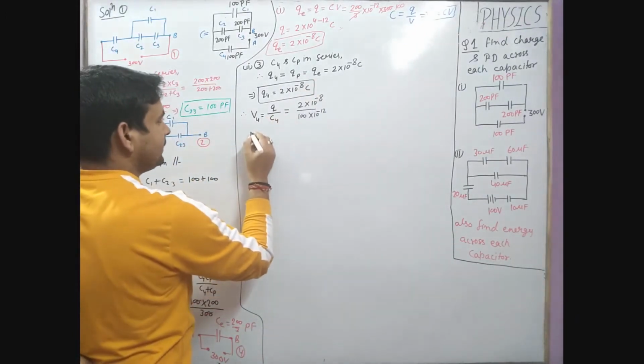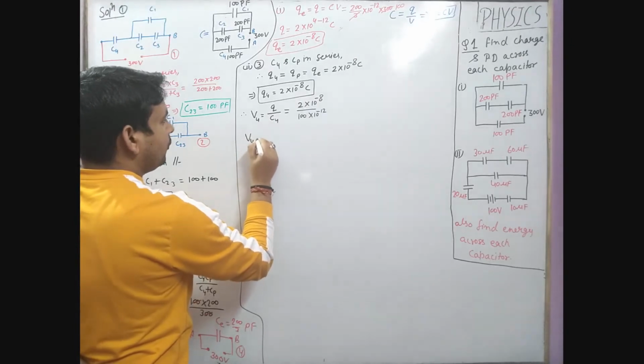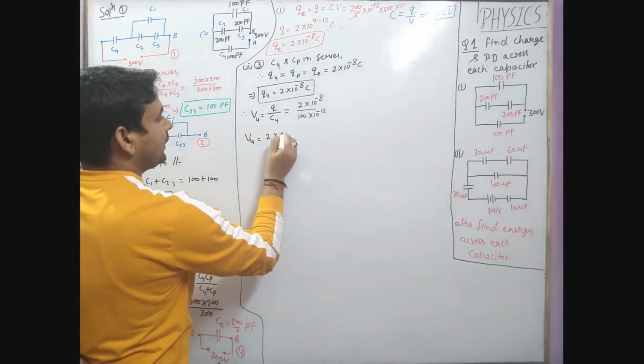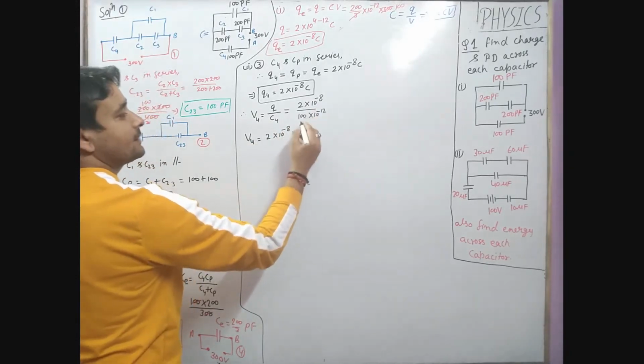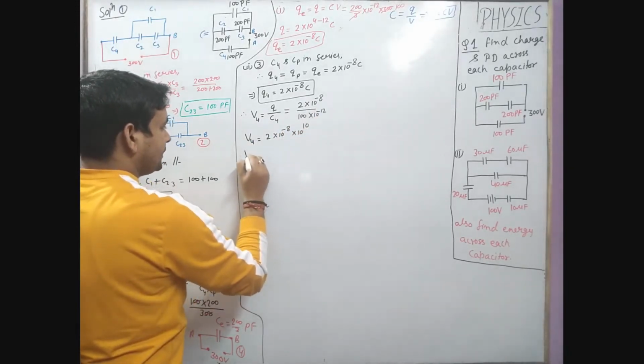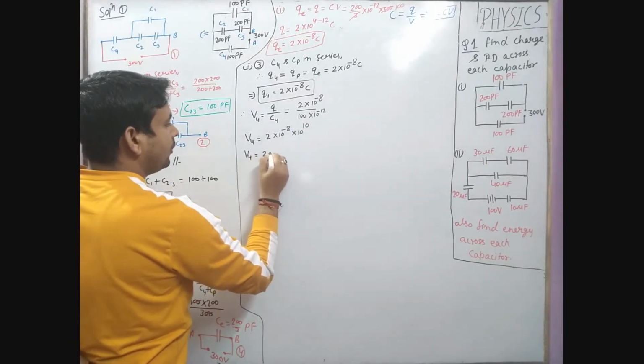When you solve this, you will get V4 is equal to 2 into 10 to the power minus 8 into 10 to the power 10, which means V4 is equal to 200 volt.